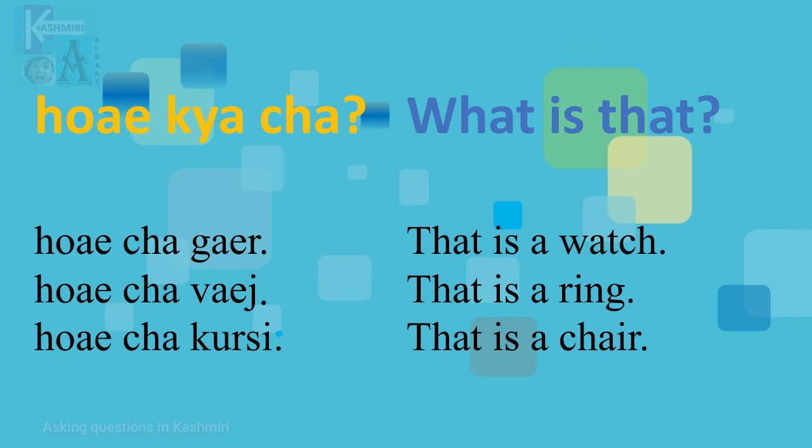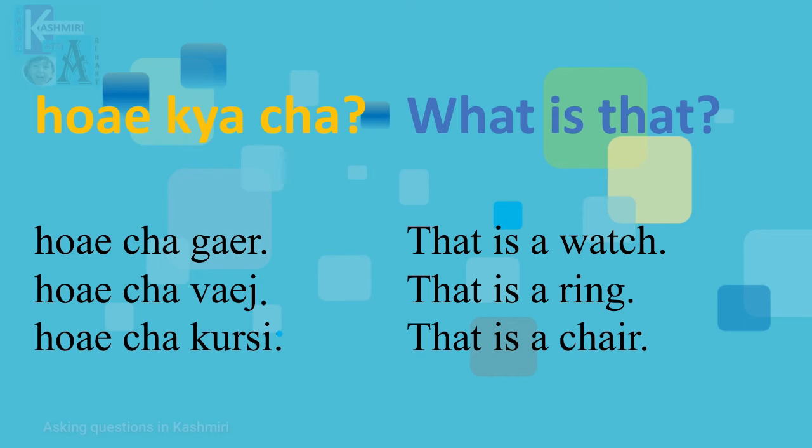What is that? हो क्या छ? That is a watch. हो छ घर. That is a ring. हो छ verge. That is a chair. हो छ kursi.